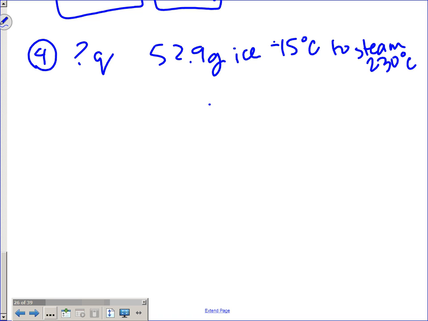That's 2 phase changes, which are 2 of the equations that don't have delta T in them. And then we also have a large temperature change occurring, but it's undergoing 3 different states of matter as it does that, right? Go ahead and look on your reference table on the upper left-hand side, where it says heat of fusion, heat of vaporization. It also says specific heat of ice, specific heat of liquid, and specific heat of steam. You see those values for water?